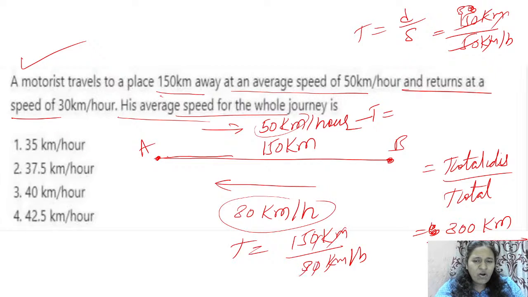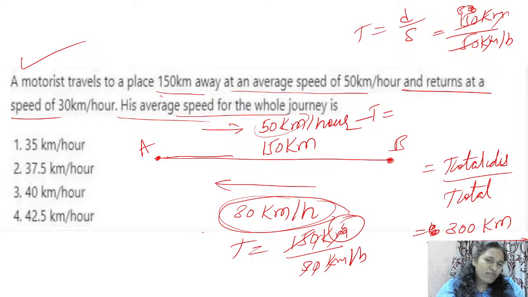Then 5 hours, because speed is reduced, right? While coming his speed is 30 kilometers only for 1 hour. To cover 150 kilometers, how many hours will he take? Even by imagination we will get it, but I am giving the formula here. So that means this is 5 hours.